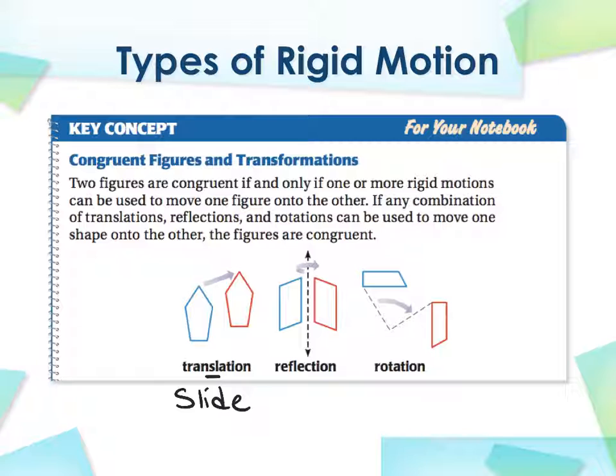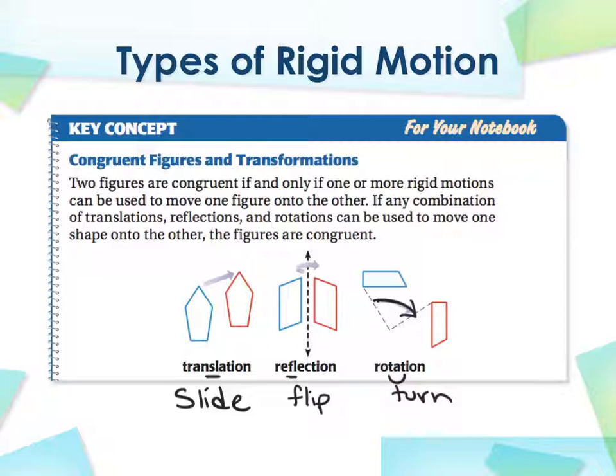That's your slide. For the middle one, the reflection, notice in the middle of the word here, we got the letters FL, so that's going to be like your flip. And for the word rotation, it's got two T's, so I'm going to say that's like a turn. Notice this little arc type thing. When we rotate things, we're rotating around a point in a circle.